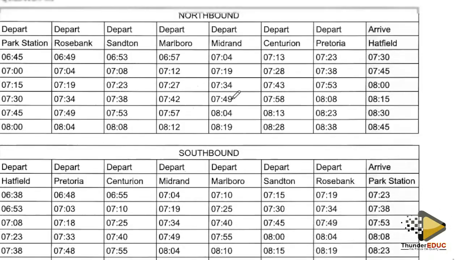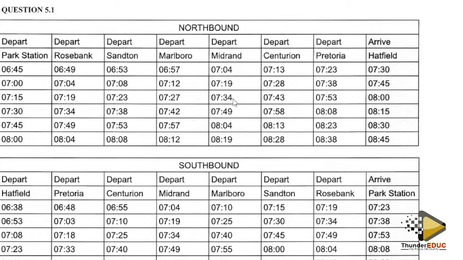Now, remember, he lives in Pretoria. He works in Rosebank. So, what are we going to do? When we look at this one here, it's departing from Park Station to go to Rosebank. It goes to Sandton, Marlborough. Then afterwards, it's in Pretoria, Hatfield.